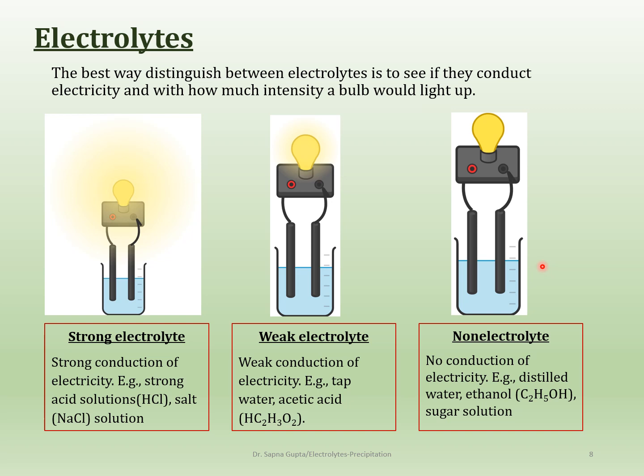So how do you know whether you have something dissolved in that water or not? Are you going to trust that beaker, or are you going to say, oh my God, there is something in there? The first thing you can do is stick electrodes in there and see if your bulb lights up. If it lights up, it means there is definitely something dissolved in it. If it doesn't light up, it doesn't mean that you don't have anything dissolved in it.